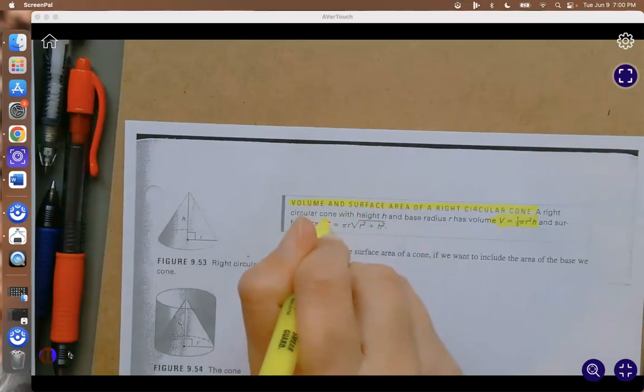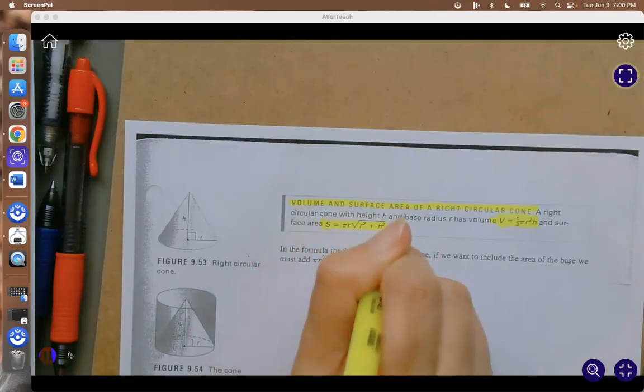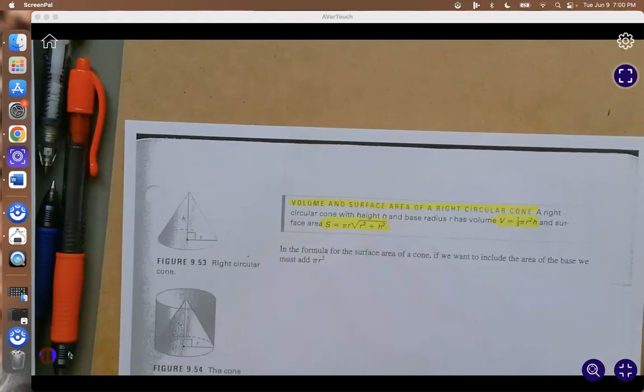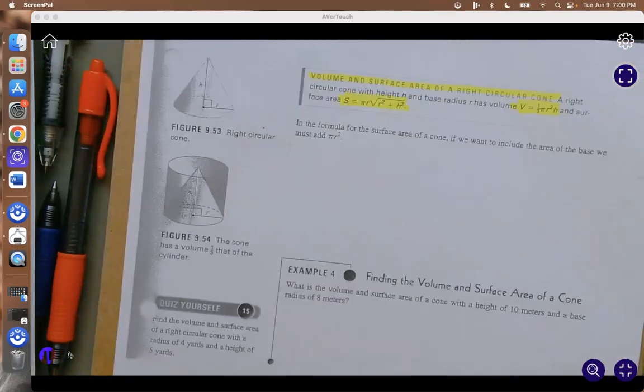Your surface area is pi r times the square root of r squared plus h squared. Okay? Because in the formula for surface area of a cone, if we want to include the area of the base, we must add the pi r squared. Okay? But that's the formula we're going to use.